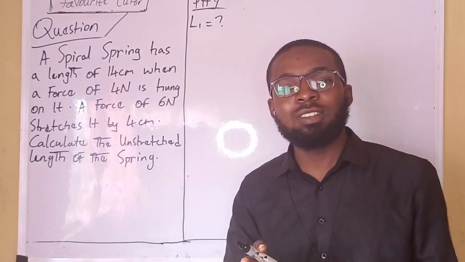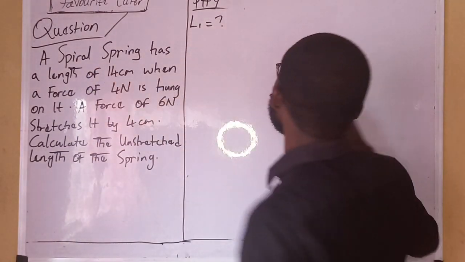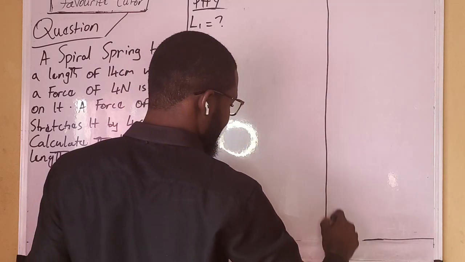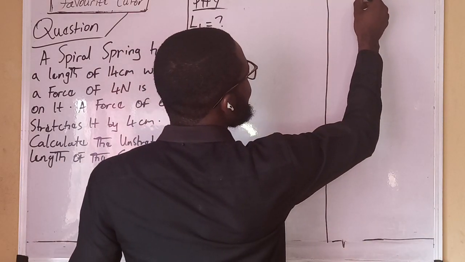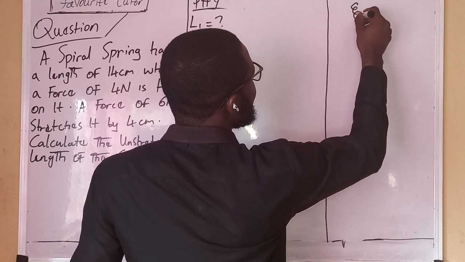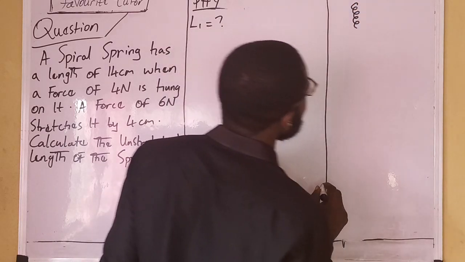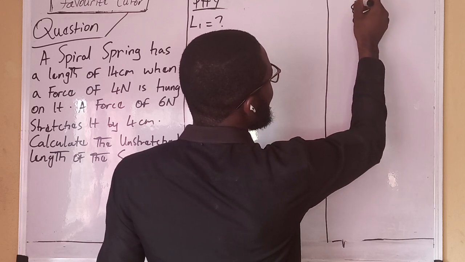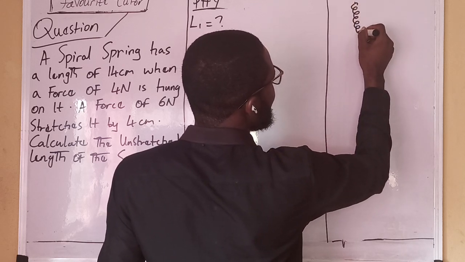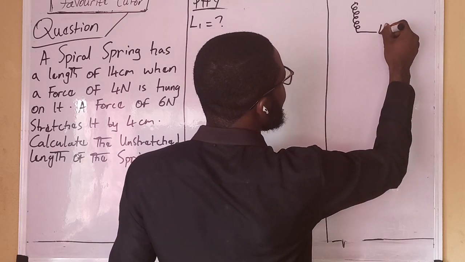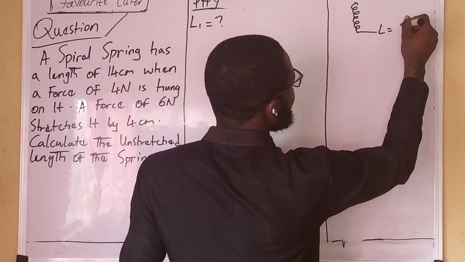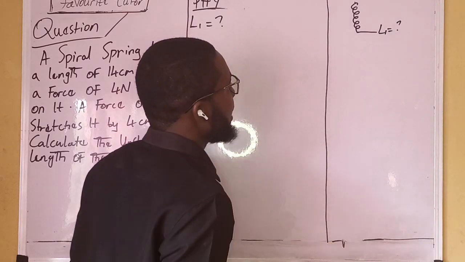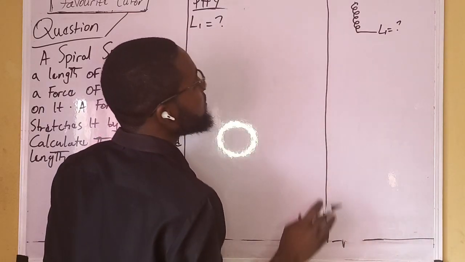All right, let us expatiate this a little bit. If, for example, this is the spiral spring, something like this. From here to here, it has a length, we don't know the length, so we call it L1, the original length. That is what we are looking for.